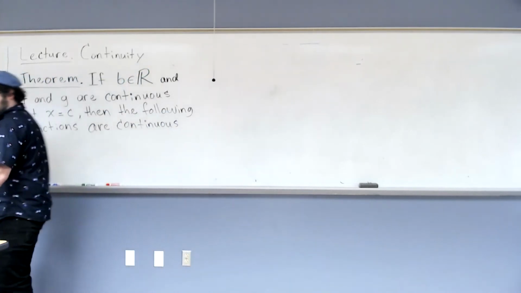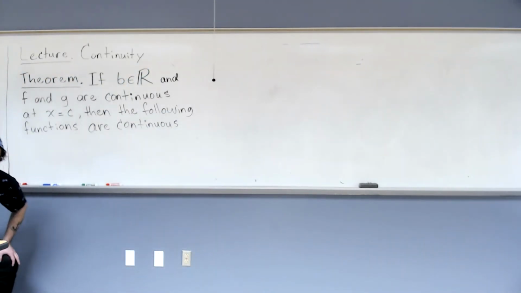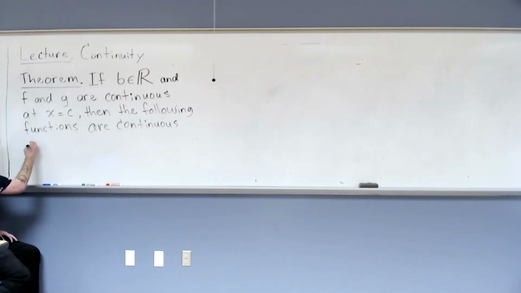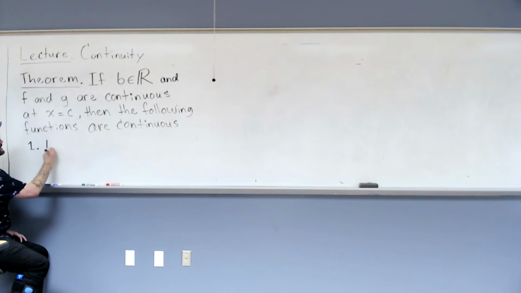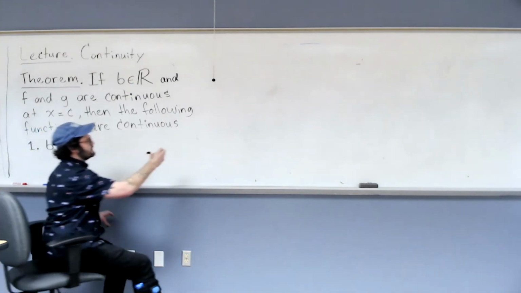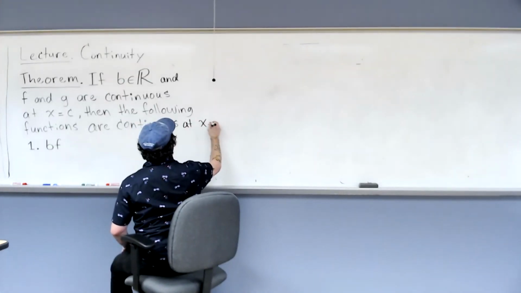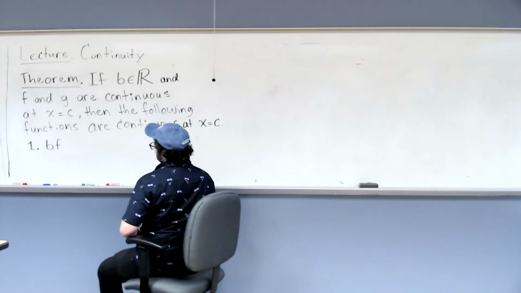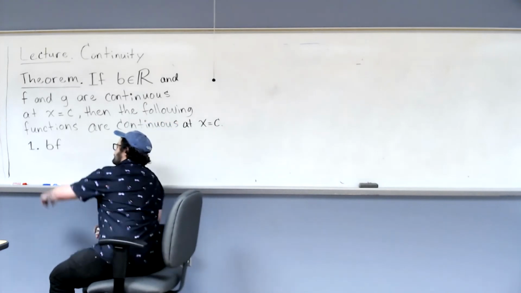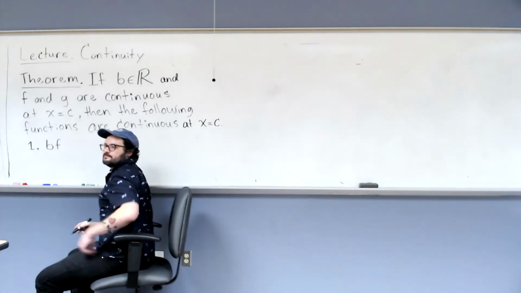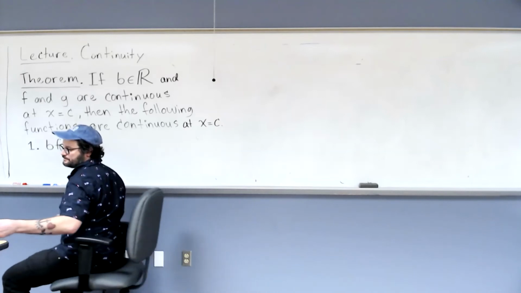So first off, scalar multiplication. B is a scalar, so B times F, oh, are continuous at x equals c. I forgot that part, important. So the function B times F is continuous at x equals c.